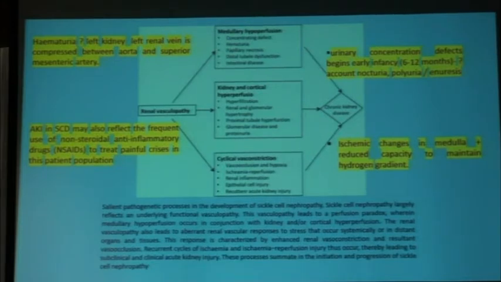The other thing that I think is very clearly common is the role of acute kidney injury. And one of the things that we actually induce is the use of non-steroidal anti-inflammatory drugs. I'm very guilty in the sense that I use non-steroidal anti-inflammatory drugs in sickle cell patients very consistently.